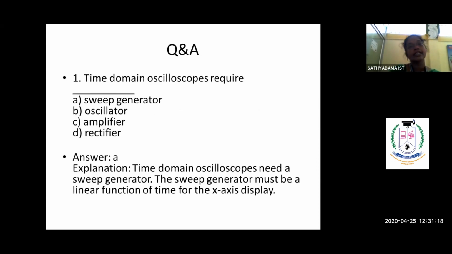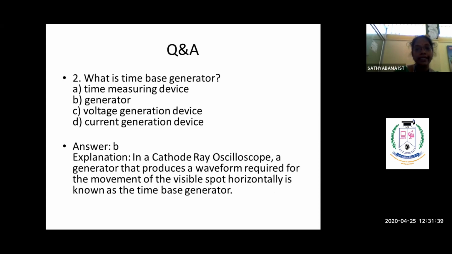So this is a discussion of what we have discussed so far. The first question is, time domain oscilloscope requires what? The first one, sweep generator, because the time-based generator is also called a sweep generator. The time domain oscilloscope needs a sweep generator. The sweep generator must be a linear function of time for the x-axis display.